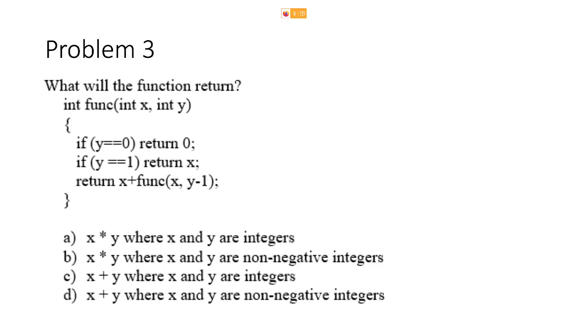Option A, ma'am. Option A, it's close, but it's still not correct. Okay, why is it A?